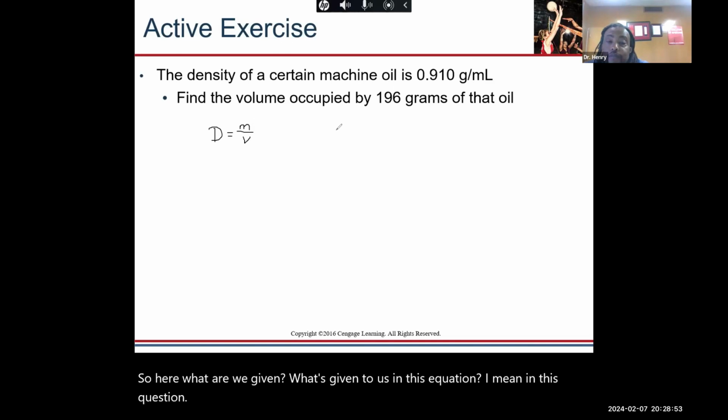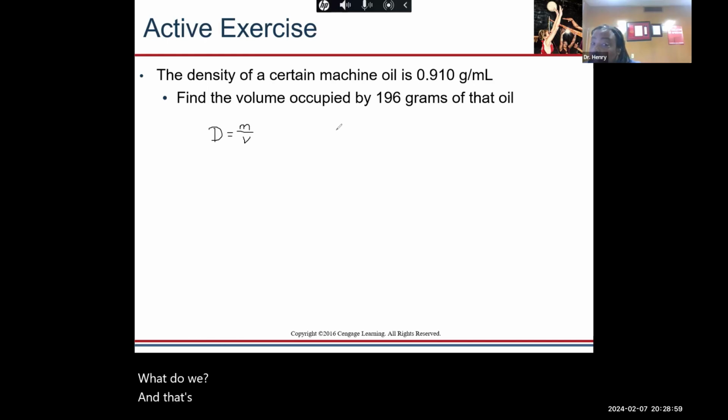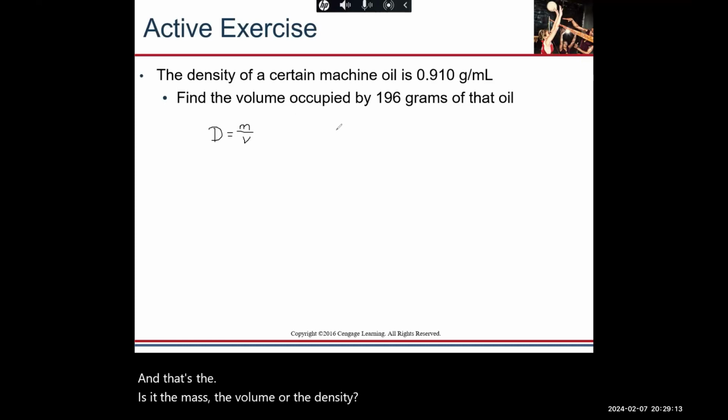0.910 grams per milliliter. Is it the mass, the volume, or the density?